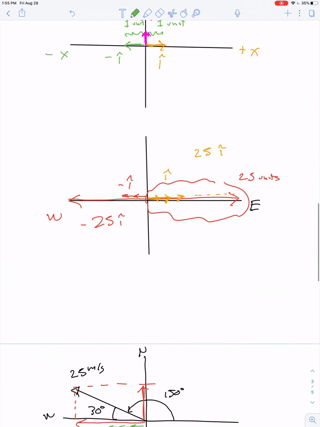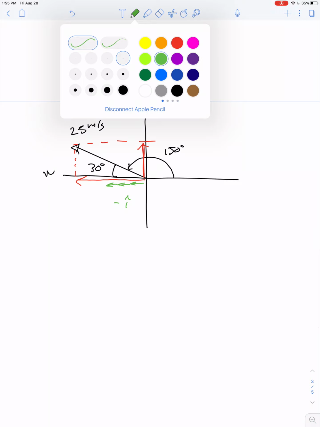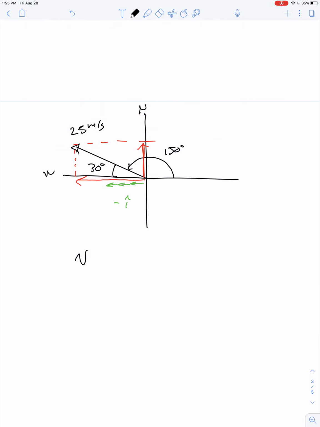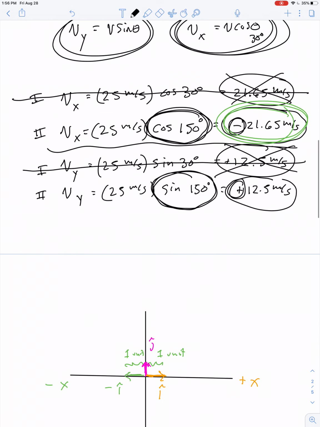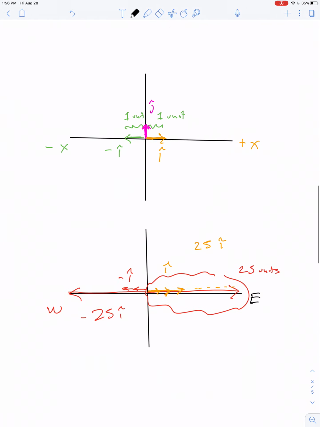21.65. So in part, this vector v, which was originally stated as 25 meters per second at an angle of 150 degrees, could alternatively be stated as negative 21.65 of i hat combined with, well, how many multiples of j hat do I have to string together? 12 and a half.